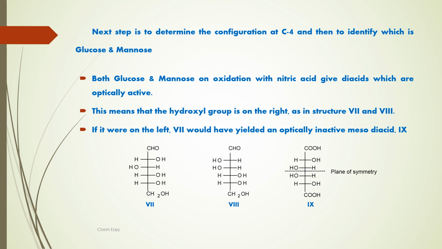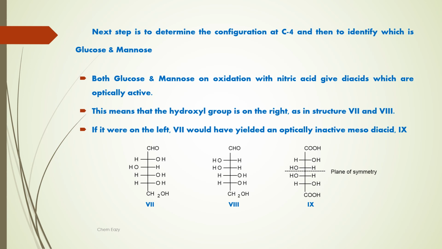You can see the structure at carbon 4, the hydroxyl group is on the right and hydrogen is on the left. When these compounds are oxidized with nitric acid, they can give a dicarboxylic acid without a plane of symmetry, that is an optically active compound.